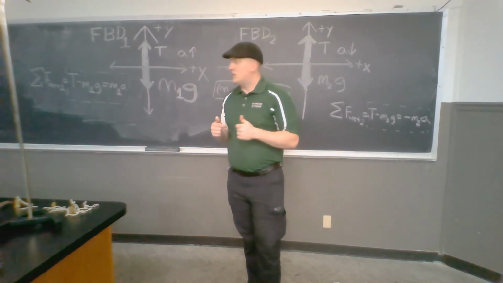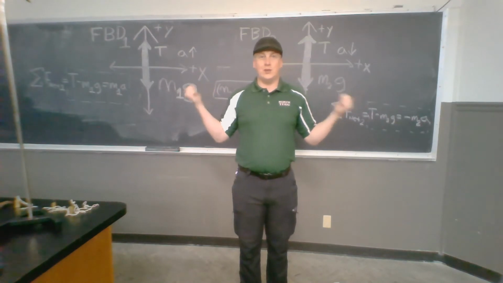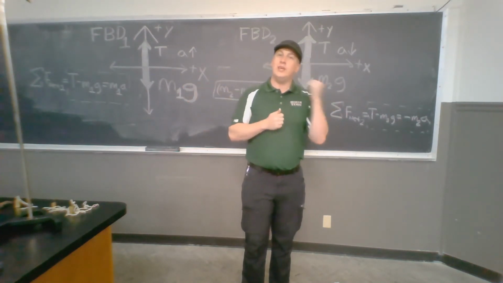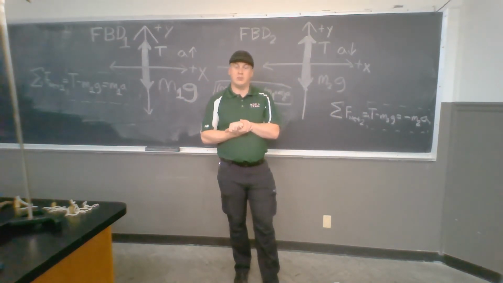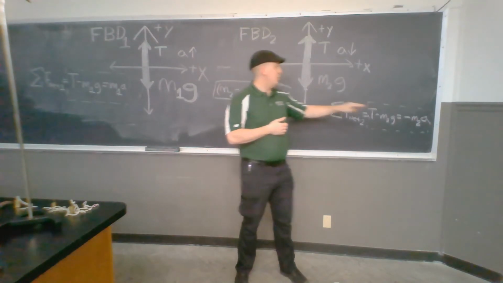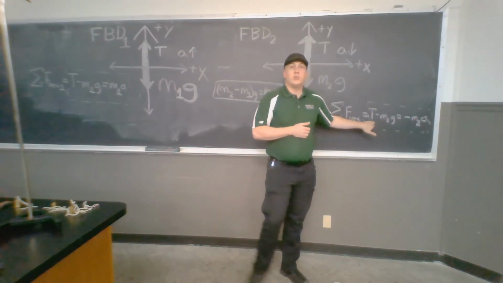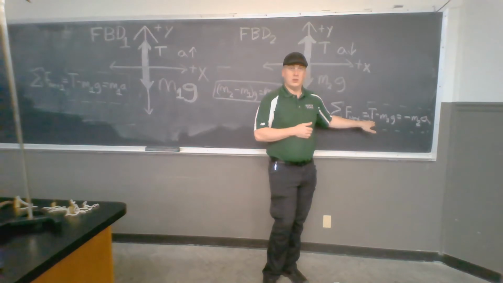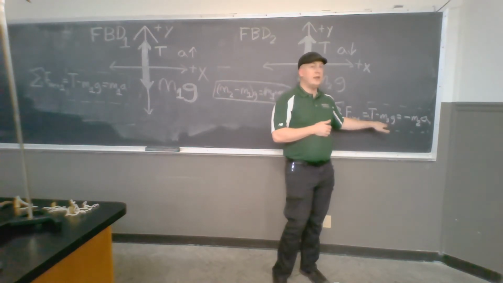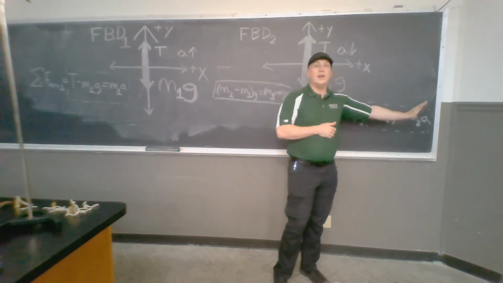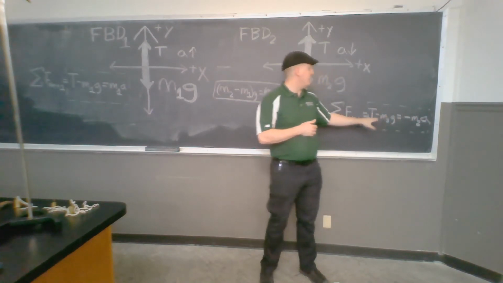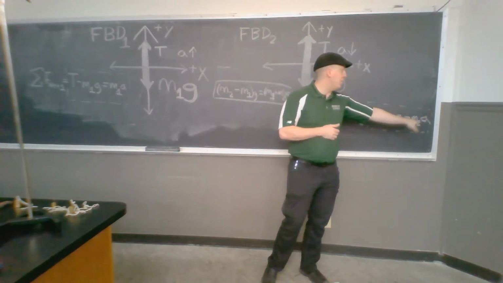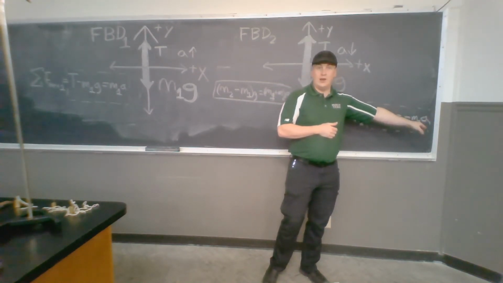So how do I solve for the acceleration? The easiest way, in my personal preference, is to solve for tension with reference to mass 2. If we add M2G onto the right-hand side of the equation, you get that tension is equal to M2G minus M2A.